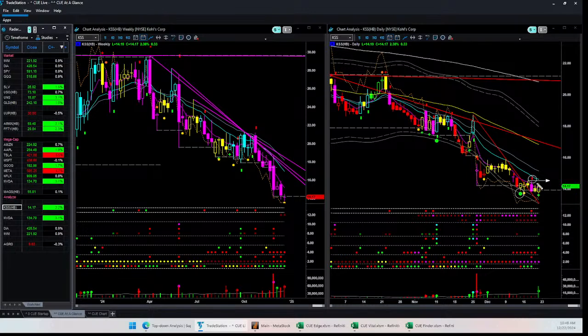On Wednesday, after the Fed rate decision, which was probably more hawkish than people expected, at least the reaction shows that across the board, high dividend yield stocks, at least KSS, did not do well. It did not give any buy setup, so it would not be taken on the long side, and I did not take it.